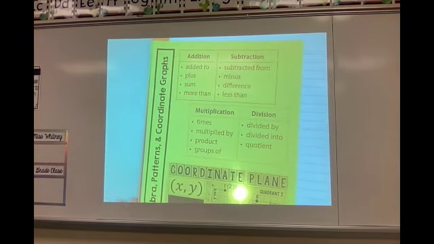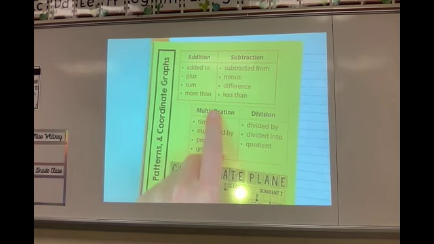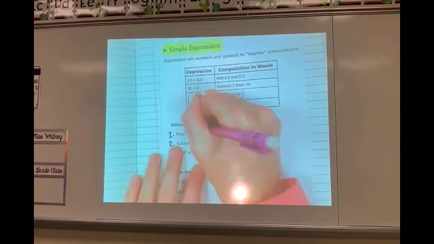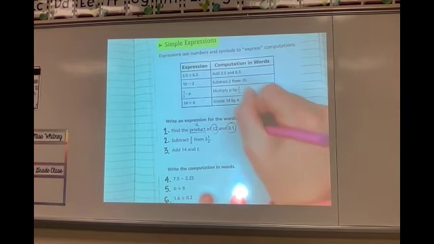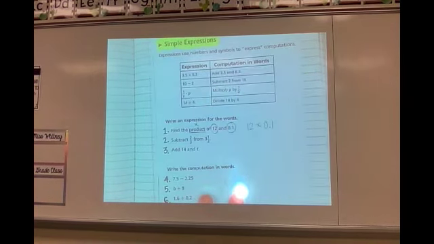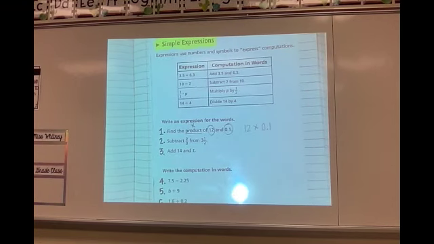And if I look back over here onto my divider with my keywords, I notice that product means to multiply. So I know I should be multiplying on this one. So if I'm going to write that out as an expression, I would just put 12 times 0.1. And that's it. I'm not solving it. I'm not putting equals because it's just an expression.